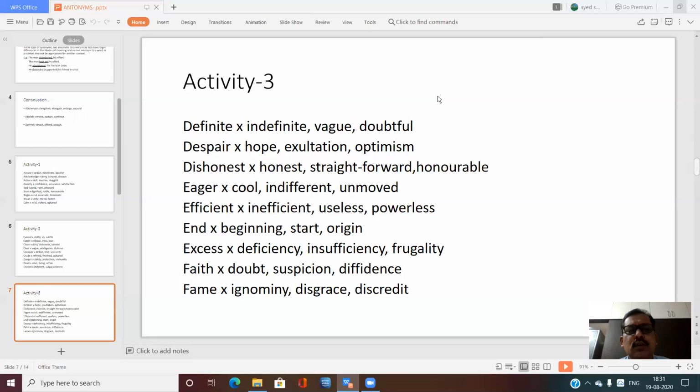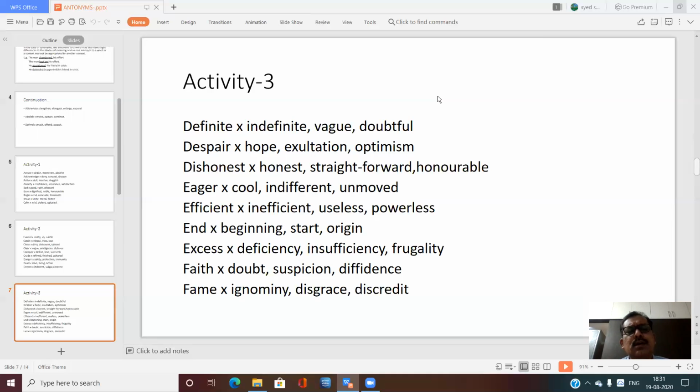Exultation means ecstasy. Optimism means thinking positively. Its opposite word is pessimism.